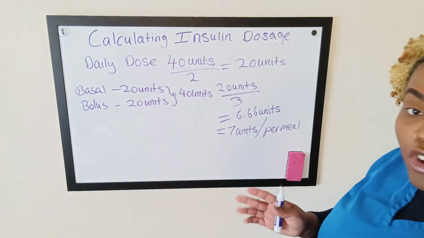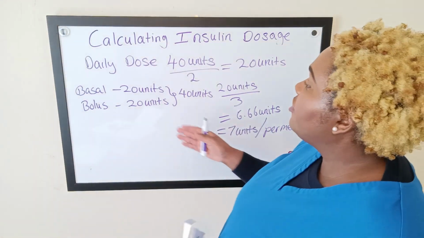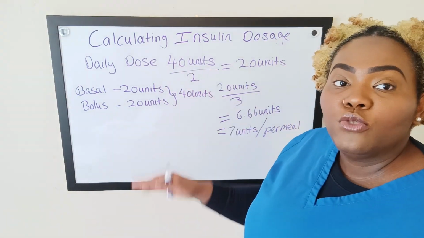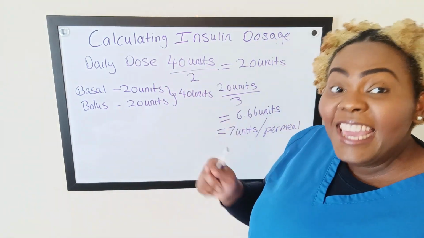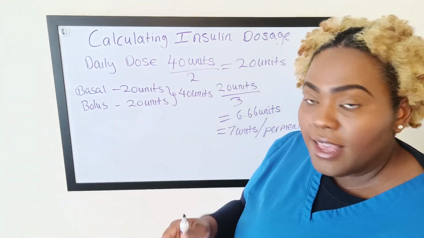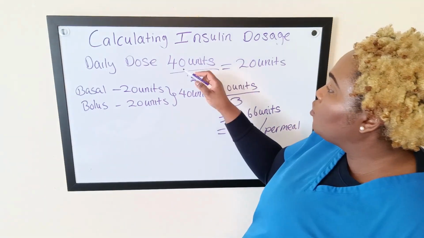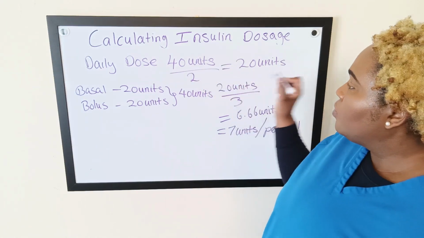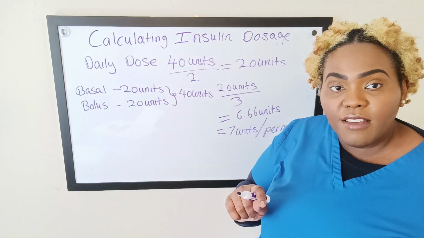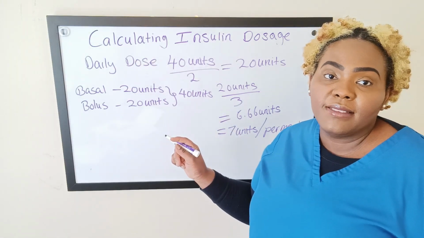So again, this was a tricky one. Our patient total daily dose was 40 units, which was the combination equally of the basal and bolus units. So we had to divide our total by 2, which gave us 20 units. So our patient was getting 20 units of bolus, 20 units of basal.